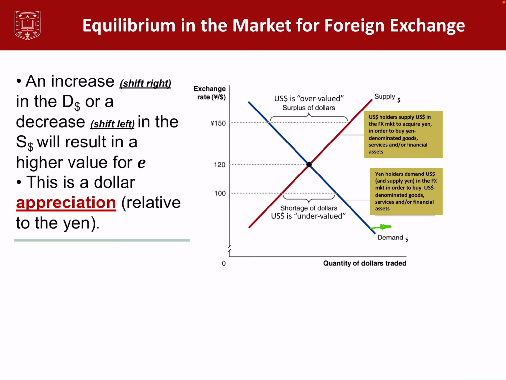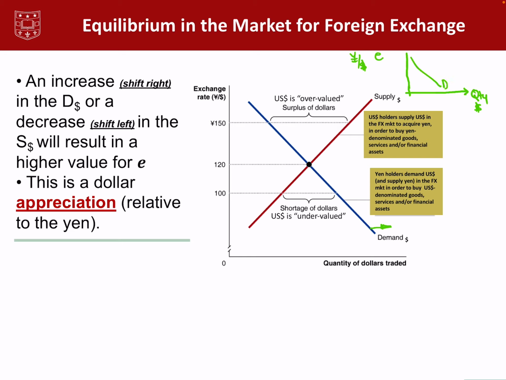In the first case, the case that we have here in the notes, if there is a rightward shift in the demand for dollars, let me just sketch this over here so as to not muck up our picture. So this is the quantity of dollars. This is the exchange rate, say yen per dollar.